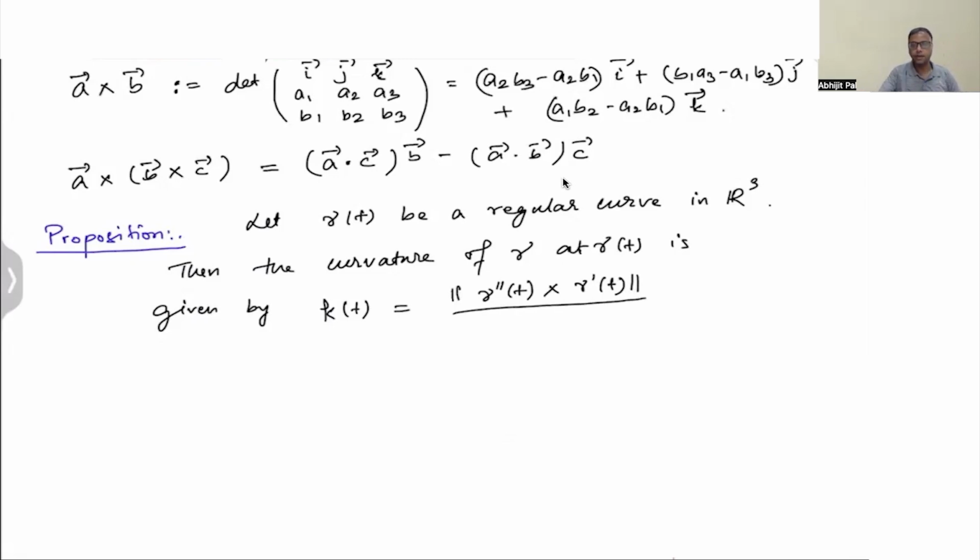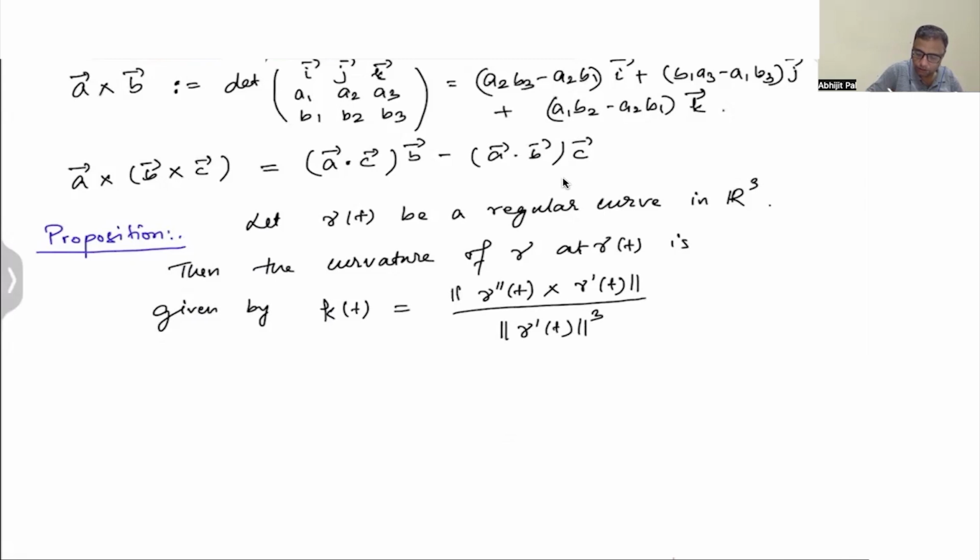In the numerator you have this norm, divided by the norm of gamma prime(t) whole cube. So this we are going to show: this curvature is given by this formula.